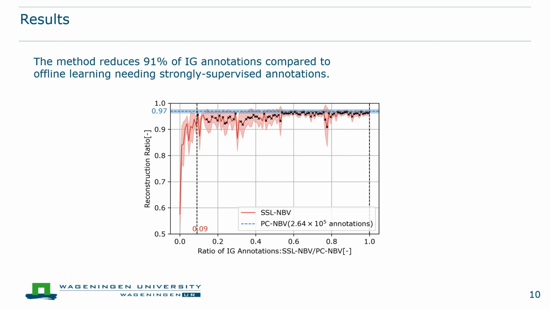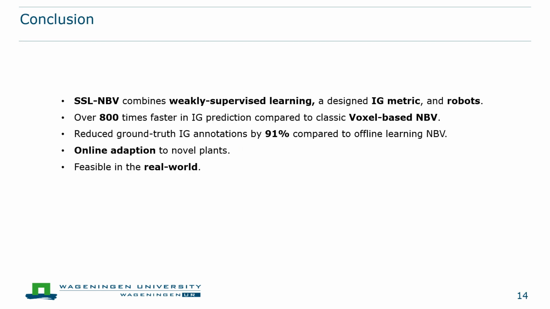Additionally, we compared the required information gain annotations between our self-supervised learning NBV and an offline learning method that relies on strongly supervised annotations. We found that our approach reduced ground truth annotations by 91% because of the use of weakly supervised learning. Finally, we give a conclusion of the work.